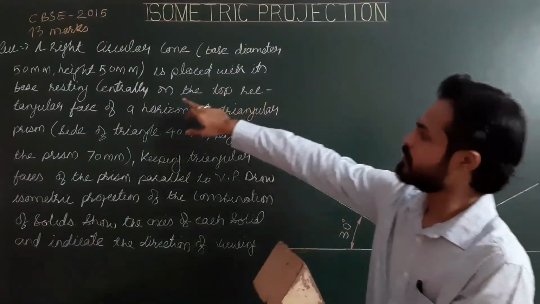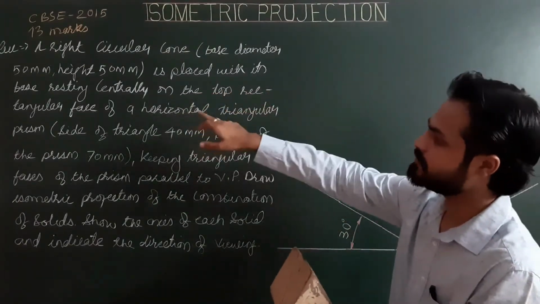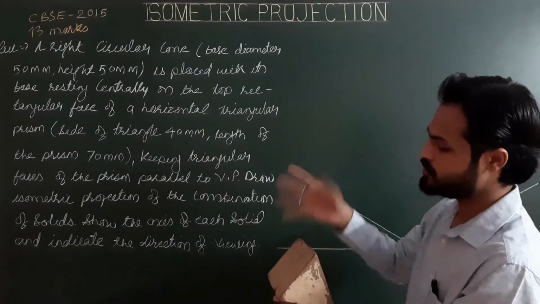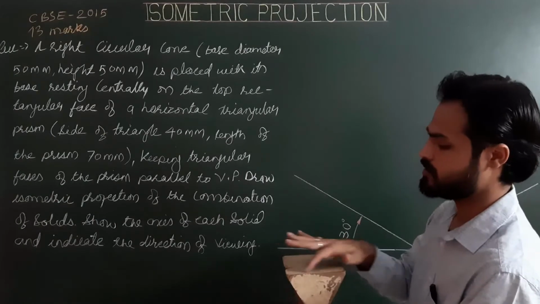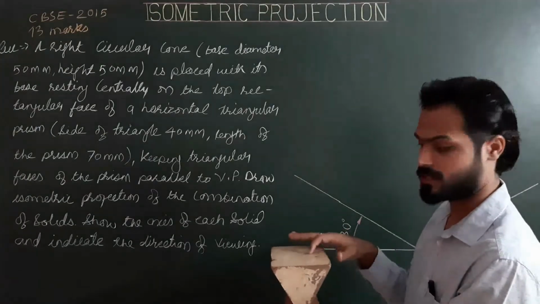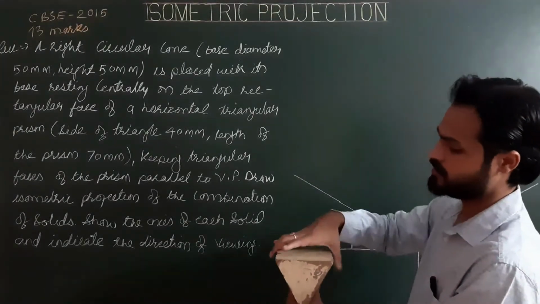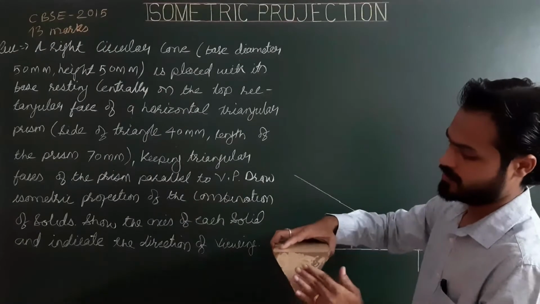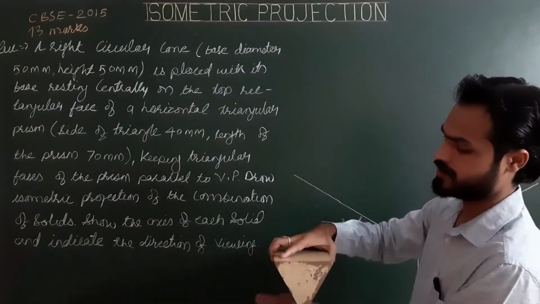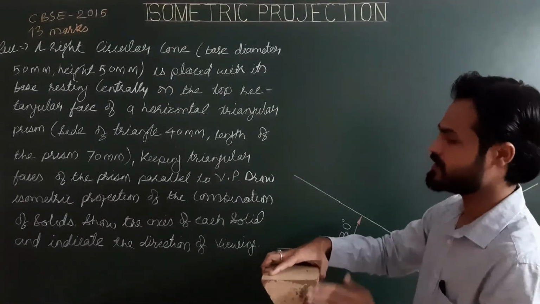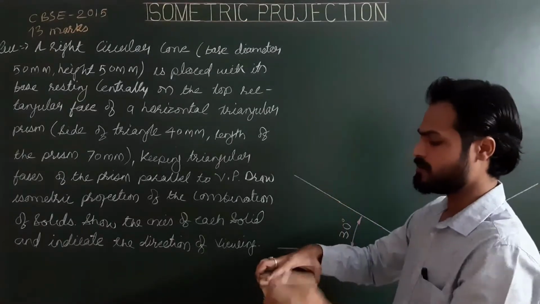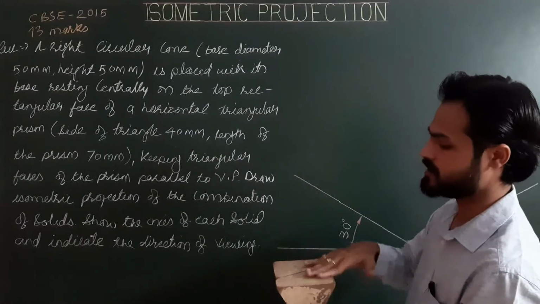Also, on the top, the prism has a rectangular face. So this is the final position of this solid. The solid is resting on its generator on the ground, on HP. Two opposite triangular faces are parallel to VP, and the top rectangular face is horizontal.